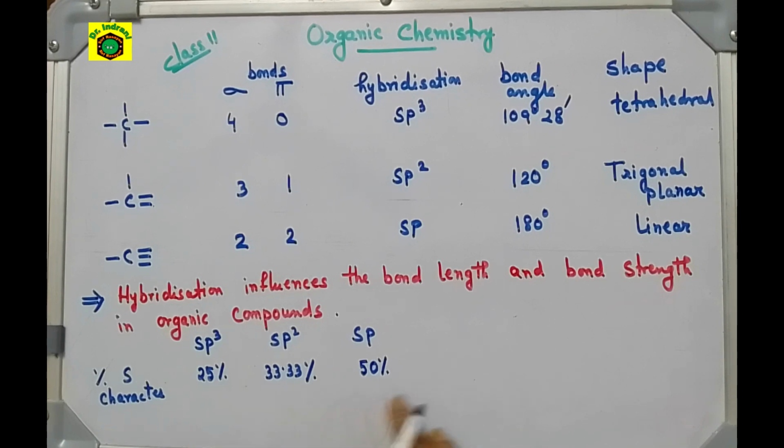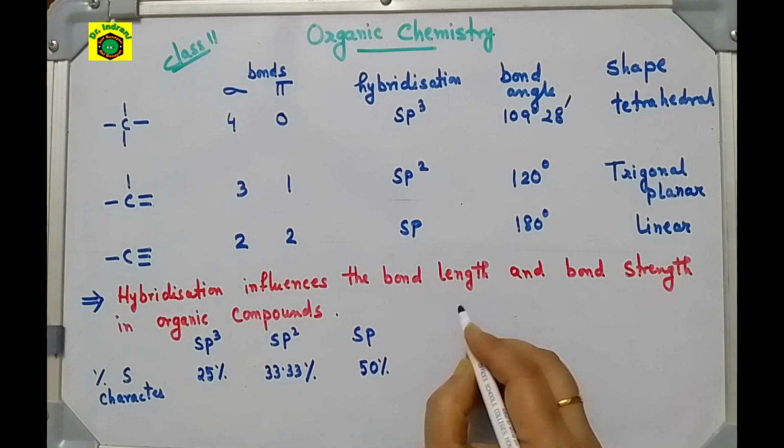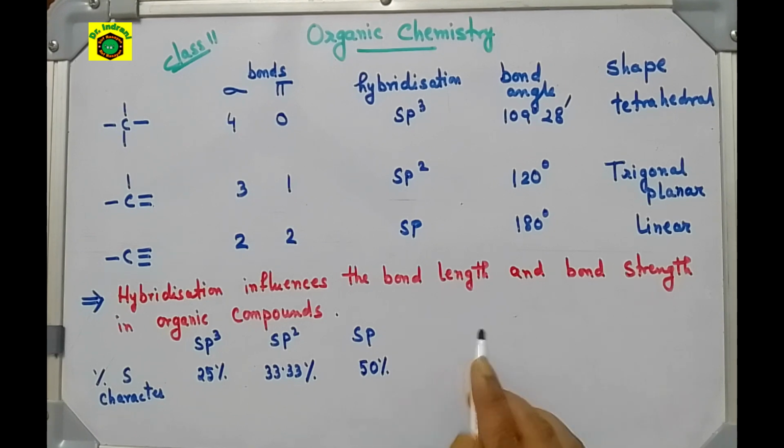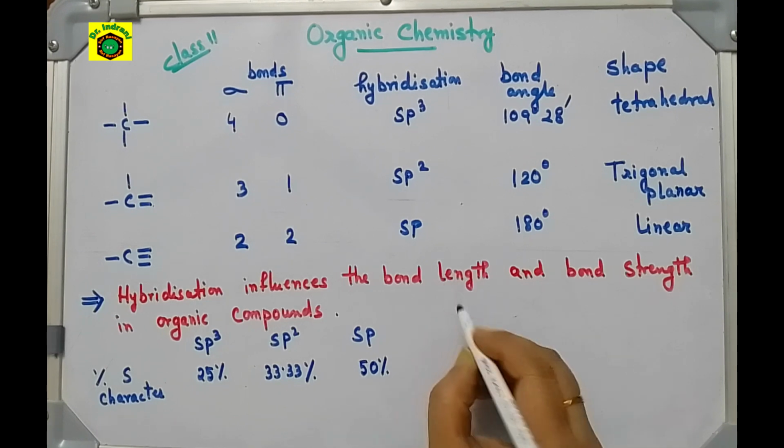sp hybrid orbital contains more S character and so it is closer to the nucleus and forms shorter bond. And shorter bond means stronger bond than sp3 hybrid orbital. So, what is the relationship between bond length and bond strength?